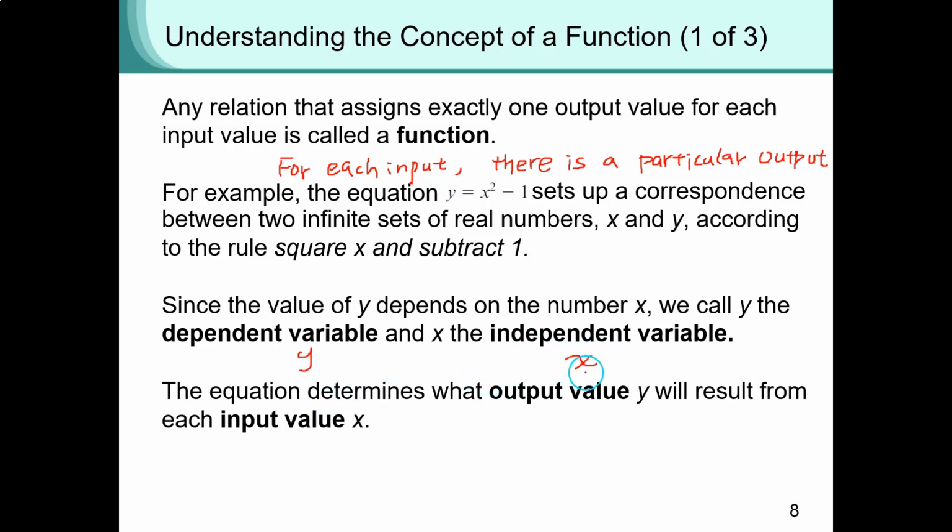And sometimes we call x the input, and y the output. So the thing you need to know is the definition of the function: for each input, there is a particular output.